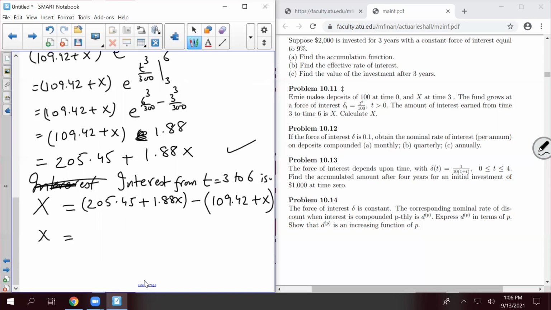X is equal to, so when you distribute the negative, 205.45 minus 109.42 should be 106.03. And the 1.88x minus x will be 0.88x.